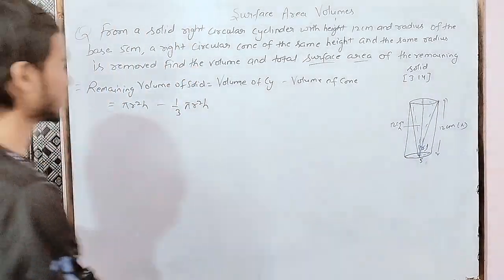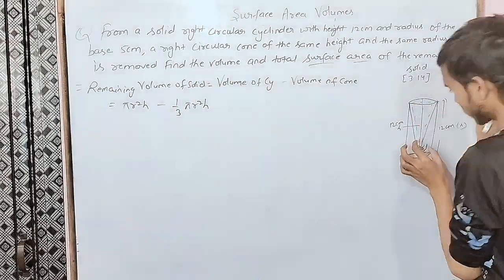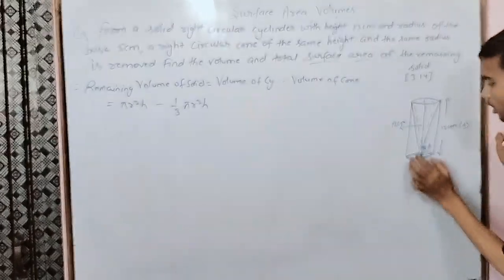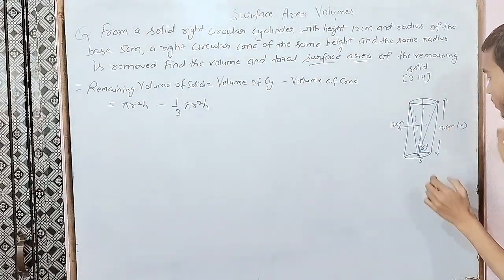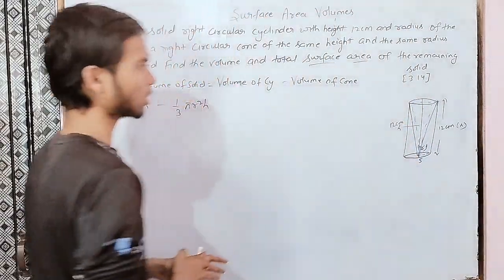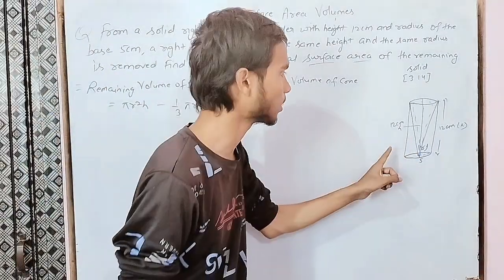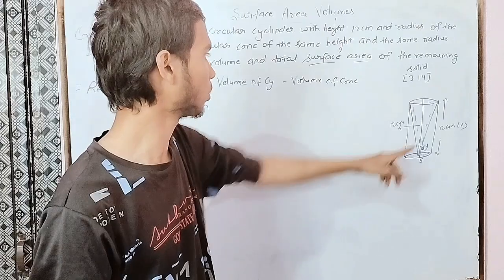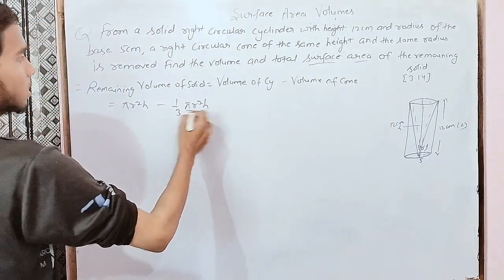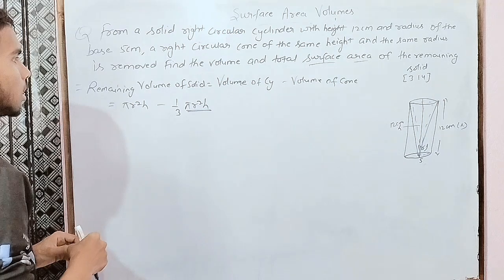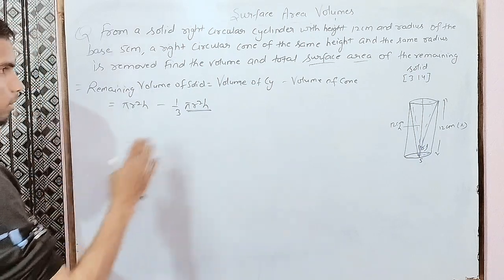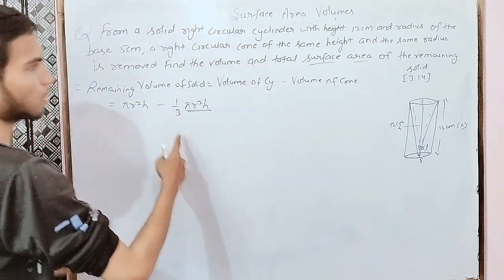Now from here you can understand, the cone is just a part of the cylinder. Since it is a part of the cylinder, to find the volume of a cone we apply 1 by 3, and pi r square h stays as it is. Here we are just subtracting in the way of division by 1 by 3.